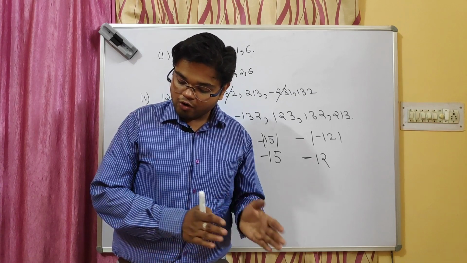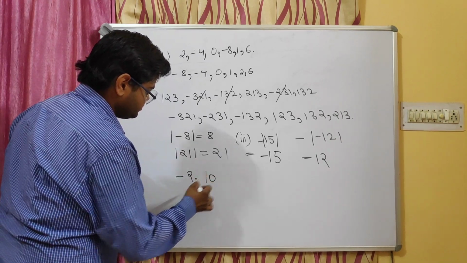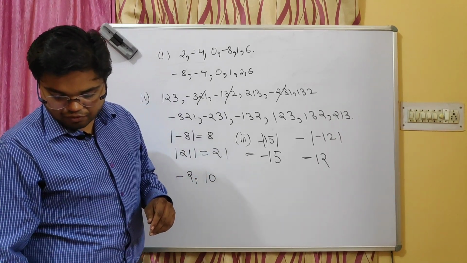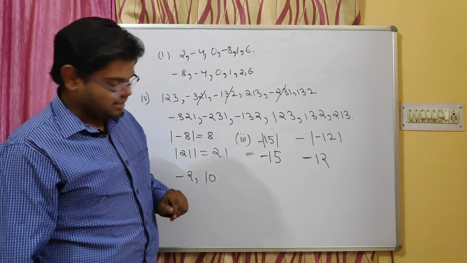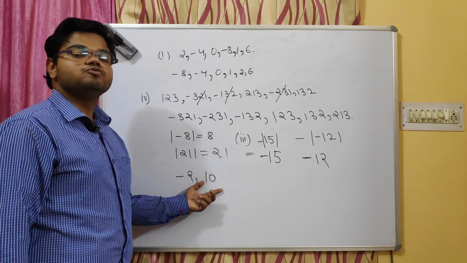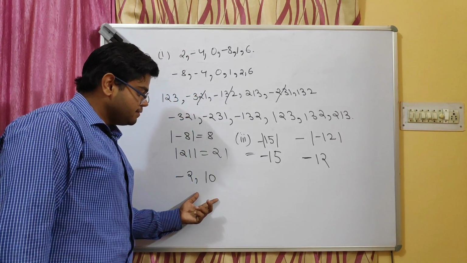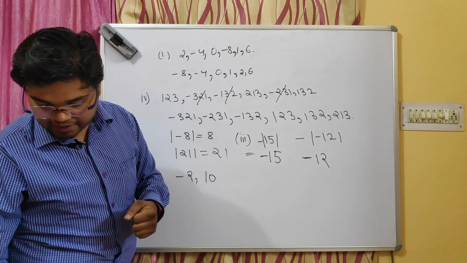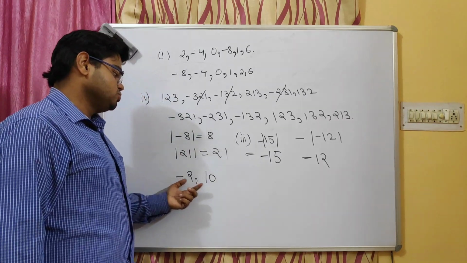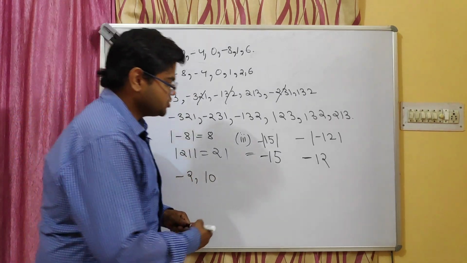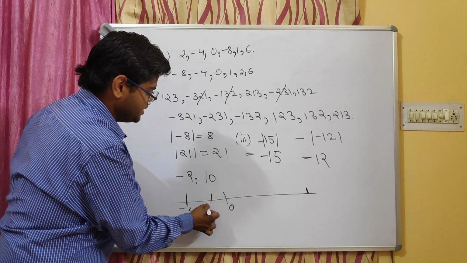So if you look here at -2 and 10, if you visualize our number line, 10 will be somewhere here and -2 will be somewhere here. So -2 will be on the left, because 10 would be somewhere here on the number line and -2 would be somewhere here if we consider a 0 here.